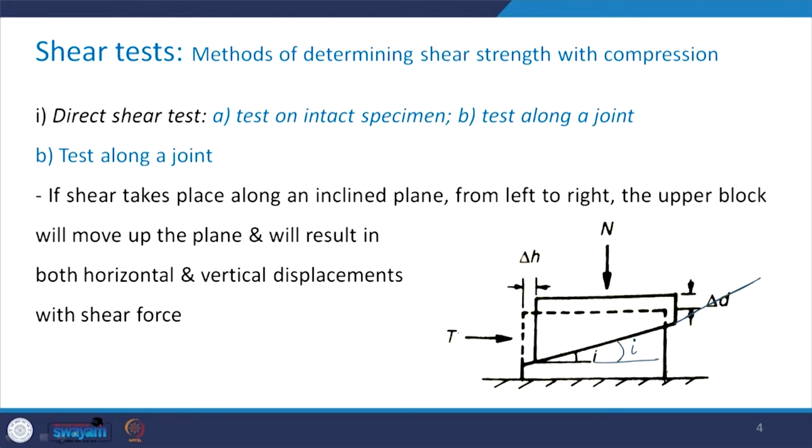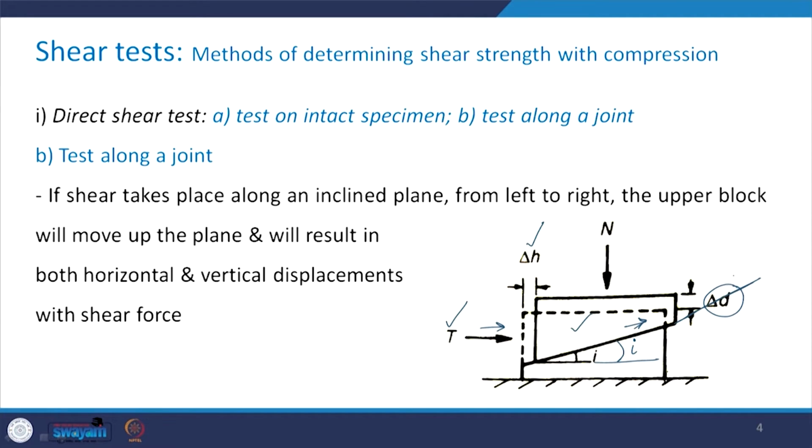Now, if the load T is applied from left to right, what will happen? This upper block will try to move upward along this plane. Because the block slides along this plane, it will have horizontal as well as vertical deformation.